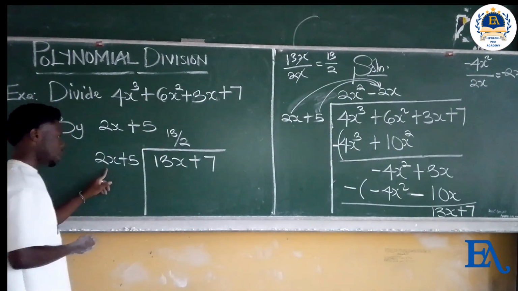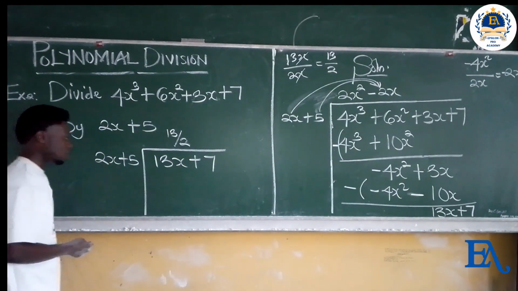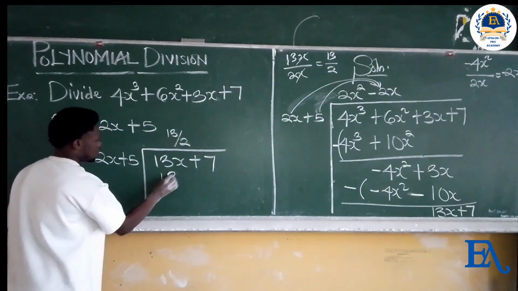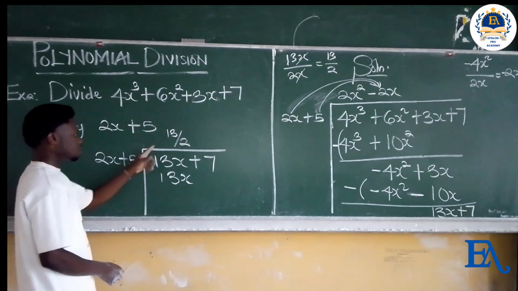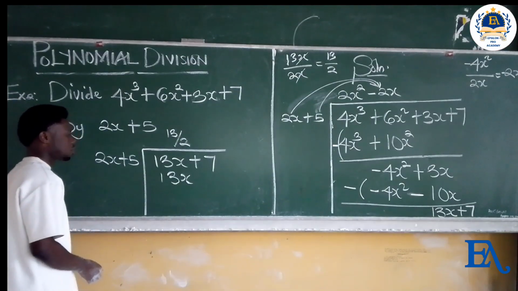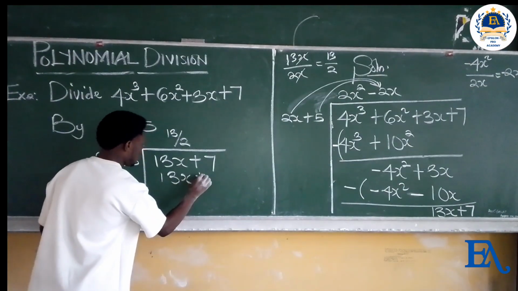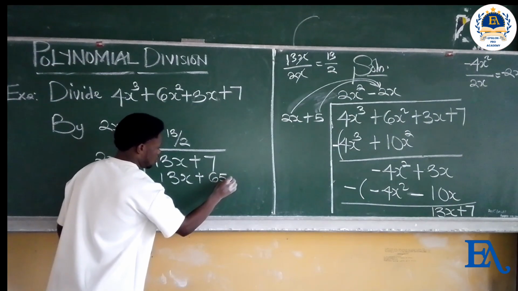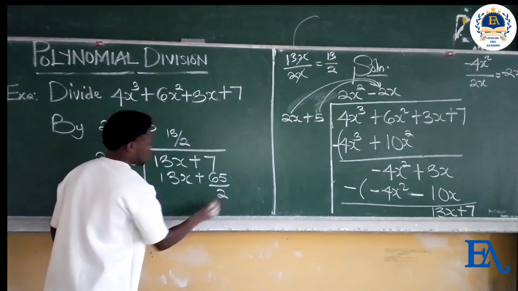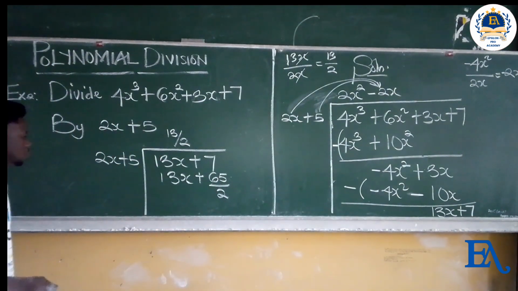If you multiply 2x by 13 over 2, we obtain 13x, plus 5 times 13 over 2 gives plus 65 over 2.